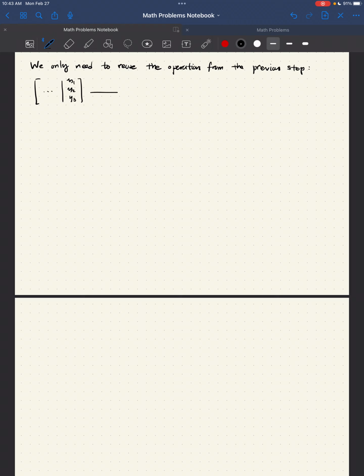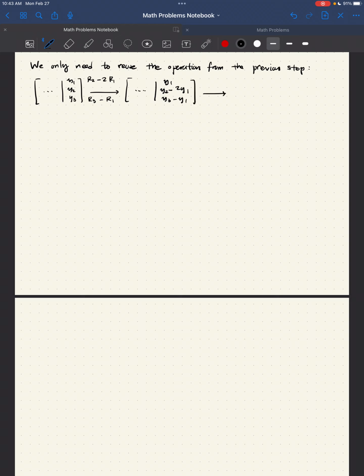So first, those two operations: row 2 minus 2 row 1, and row 3 minus row 1. That results in a new matrix, but what is important is to keep track of what happens to the column. So we have y1, y2 minus 2 y1, and y3 minus y1.